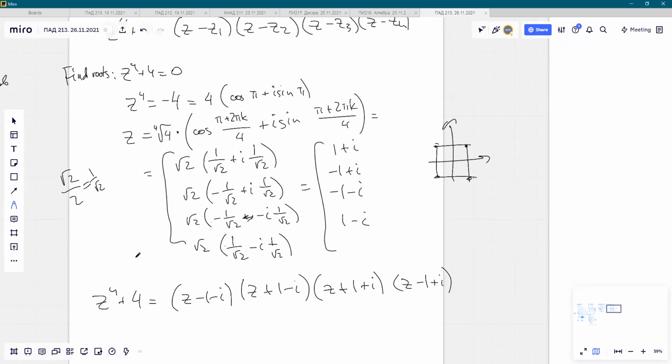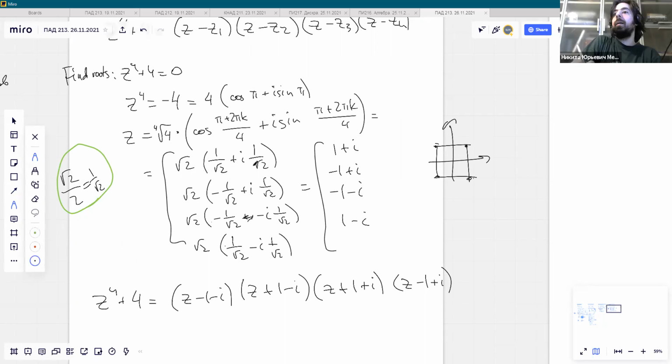And where we add 2 pi k. Well, again, I'm sorry, I did it in my head, but this is cosine and sine for pi over 4. This is for 3 pi over 4.